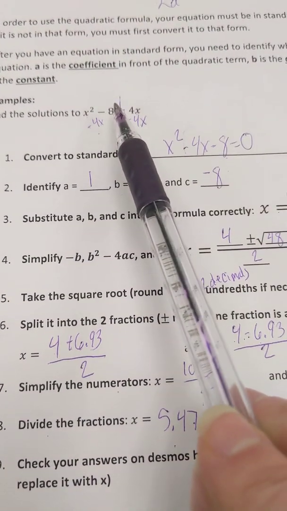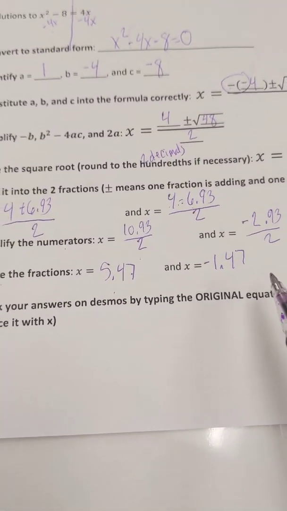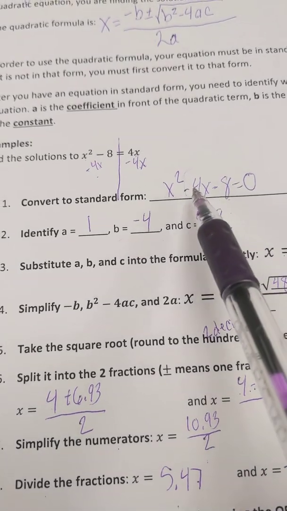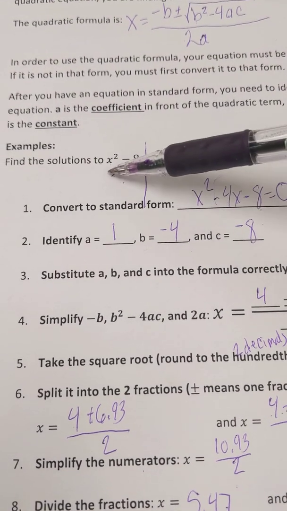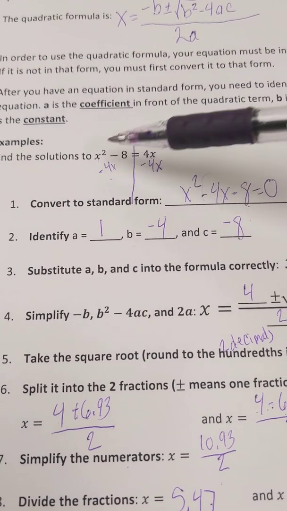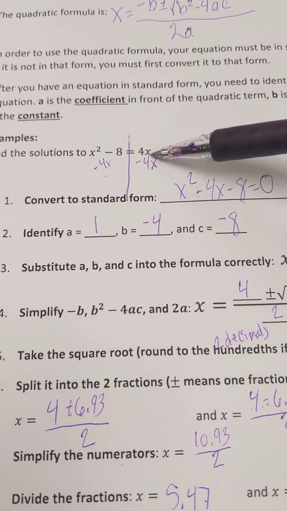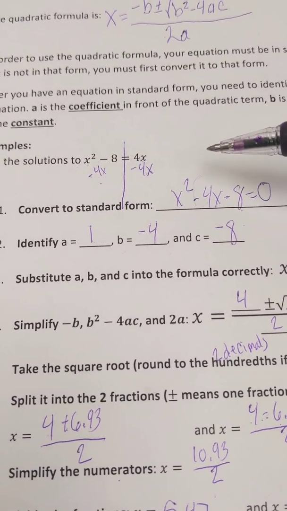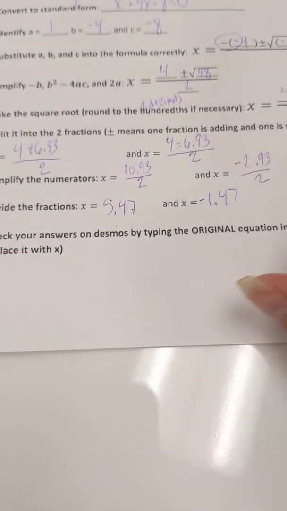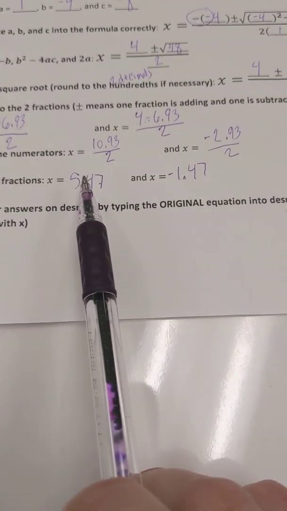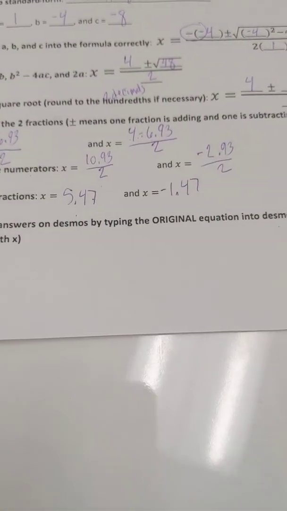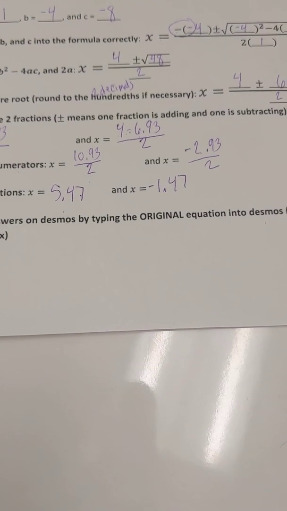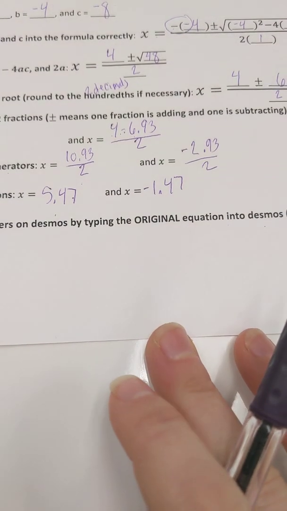Because if you made a mistake from here to your conversion, all of this work might be right, but you have wrong in your conversion and you're not going to know. So you're going to type the original equation into Desmos. X squared minus 8 equals 4x. So go ahead and find your graphing Desmos, get that typed in, and then look at your x-intercepts. They are supposed to be these two numbers. If something is wrong and they're not the same, then go ahead and talk to your teacher.